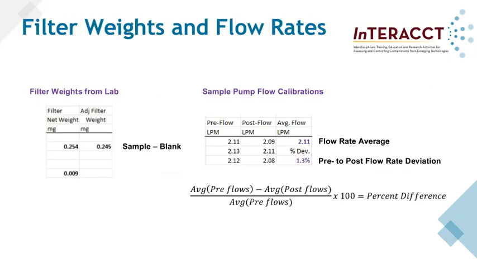Now on to the filter weights portion of the spreadsheet. The assumption is that as an industrial hygienist, you purchase pre-weighed filters from a lab. You then go out into the field and use them, and then you send them back to be post-weighed. So the report you get back only includes the net weight as shown here. If you're going to do your own weighing, then there would be additional columns for the initial weight and the final weight.